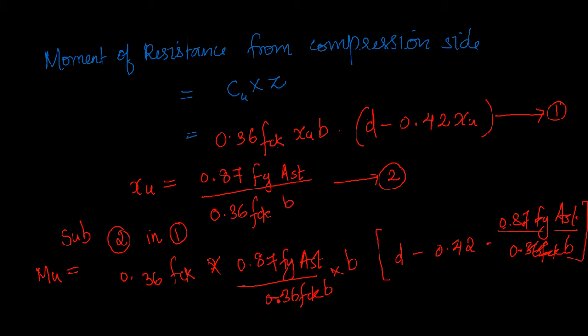Again we have XU, substituting for XU, that is 0.87 Fy AST by 0.36 FCK b. Substituting equation 2 in 1, we will be obtaining this expression.